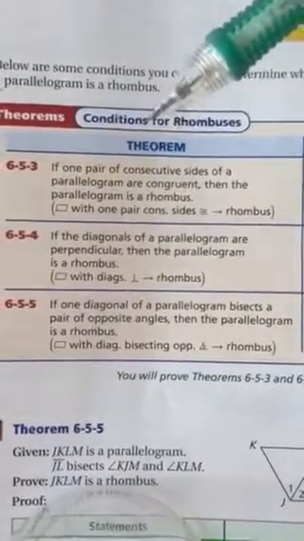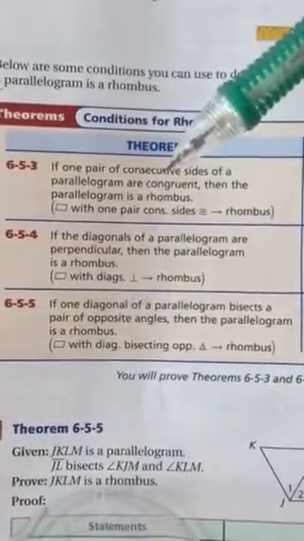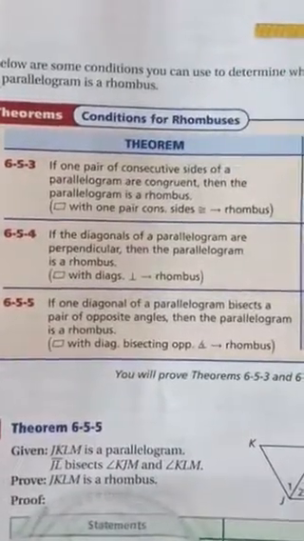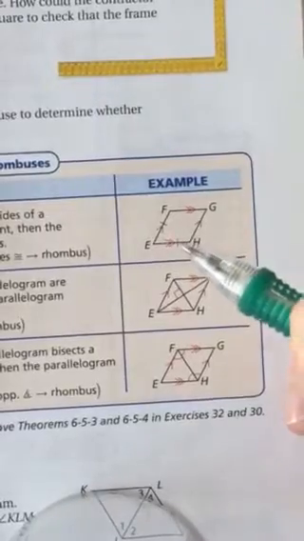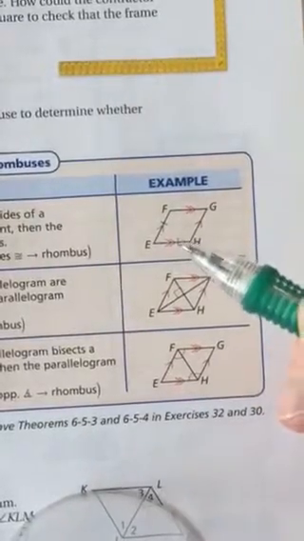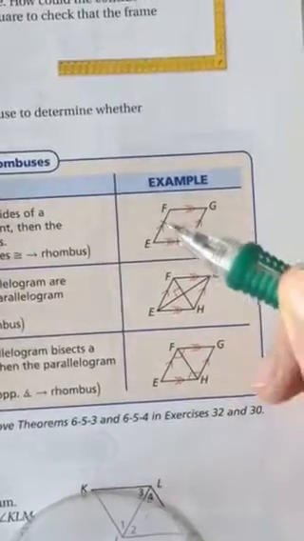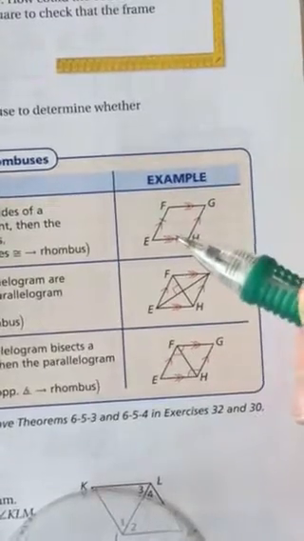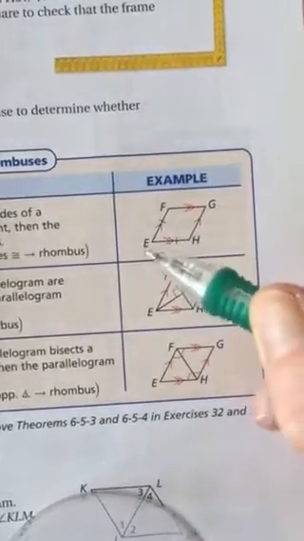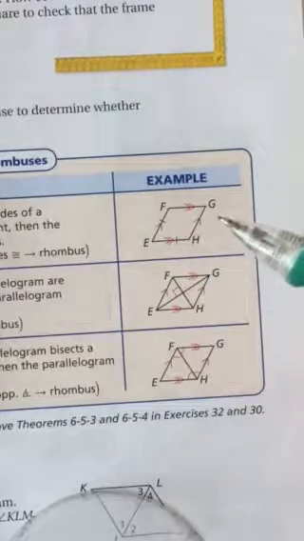the first one is 6-5-3. If one pair of consecutive sides of a parallelogram are congruent, then the parallelogram is a rhombus. Let's look at this parallelogram. It's showing us that it's a parallelogram, and it tells us that if one pair of consecutive sides, or sides coming one right after the other or next to each other, are congruent, then knowing it's a parallelogram and seeing that it has one pair of congruent consecutive sides is enough information to tell us that this is a rhombus.